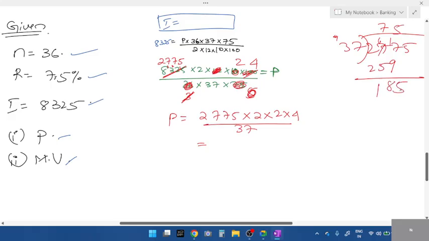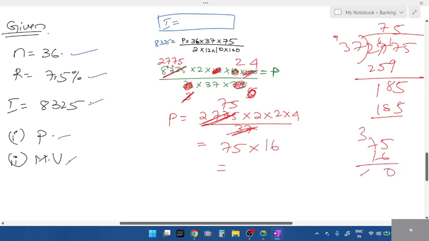It goes 5 times. 37 into 5, students, is 185. So 75 times. 37 goes 75 times. So 75 into 2 twos are 4, 4 fours are 16. 75 into 16. 6 fives are 30, 6 sevens are 42, 45. What's the principal you got?